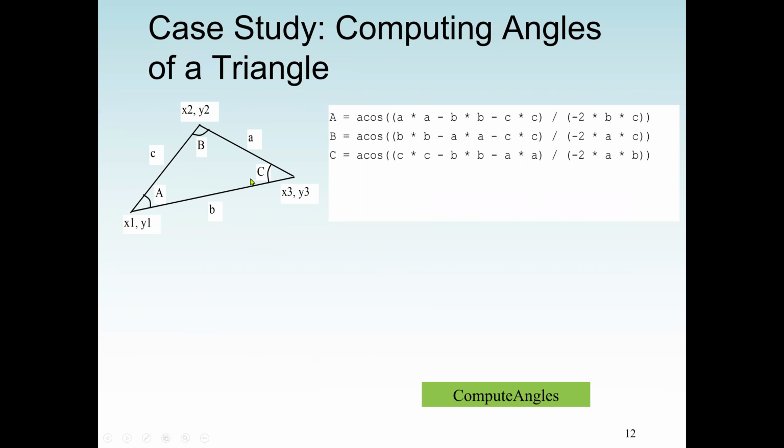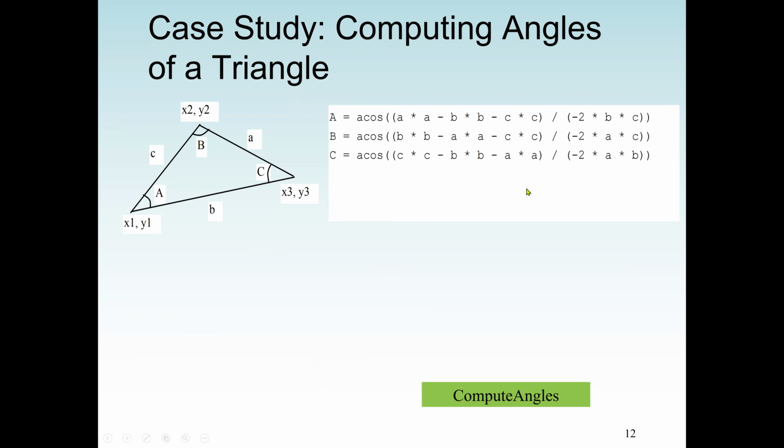A triangle is given to us. We know the point values, which will be the latitude and longitude values: x1, y1, x3, y3, x2, y2. The question says we should find the sides a, b, c, which are lowercase, and also the angles A, B, C, uppercase.